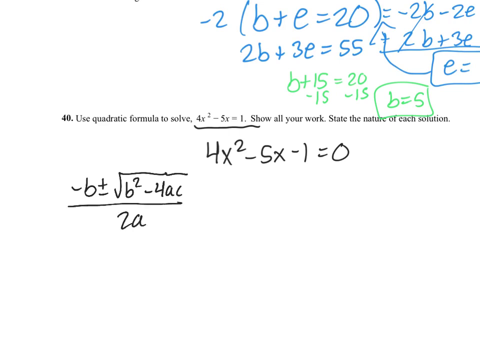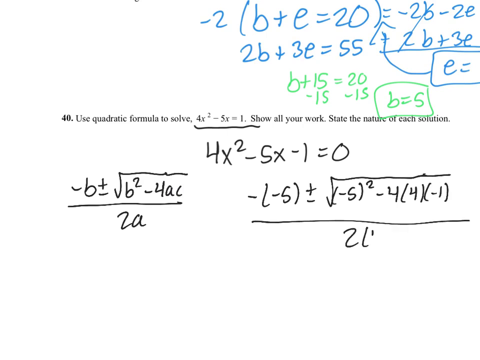So when I plug these things in, I'm going to have a negative 5 plus or minus the square root of negative 5 squared minus 4 times a times c, all over 2 times 4.